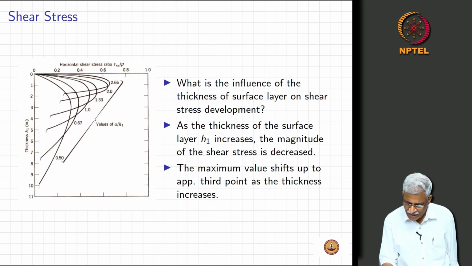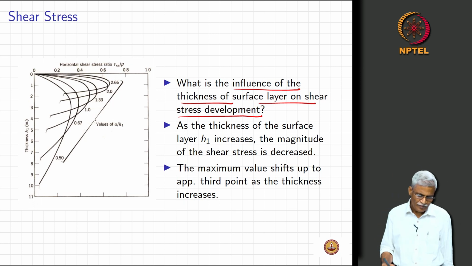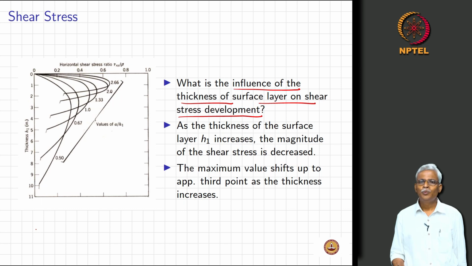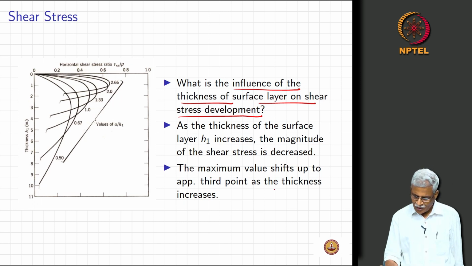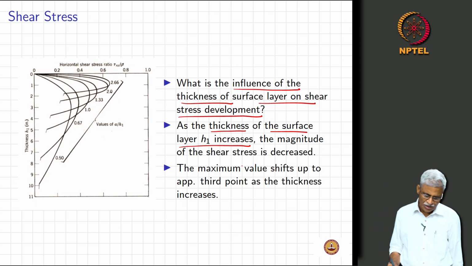So, when you increase the thickness, look at the influence of the thickness of the surface layer on shear stress development. You can see how drastically the shear stress values are changing as the thickness of the surface layer increases, okay. The magnitude of the shear stress is going to substantially increase.